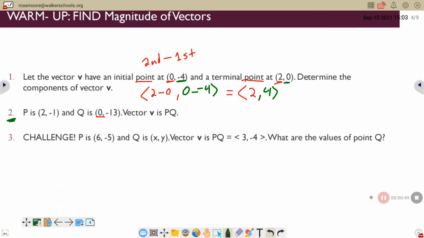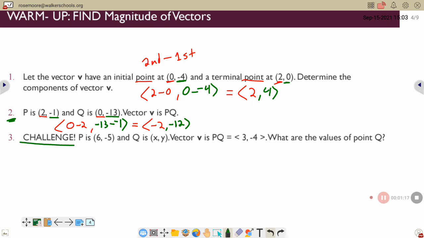We're going to have our second one minus the first one, 0 minus 2, which is negative 2. And careful here, negative 13 minus negative 1. So negative 13 minus negative 1 ends up being negative 12 because that minus minus is a plus.